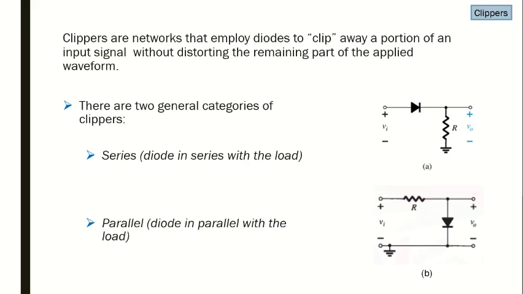Here we can see clippers are networks that employ diodes to clip away a portion of the input signal, which we just discussed. In general, there are two categories of clippers.